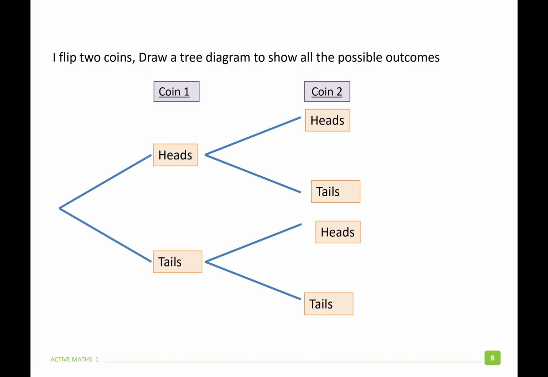Let's write down all of the possible outcomes. To find your possible outcomes, you combine your branches. I could have a head and a head. Or I could have a head and a tail.